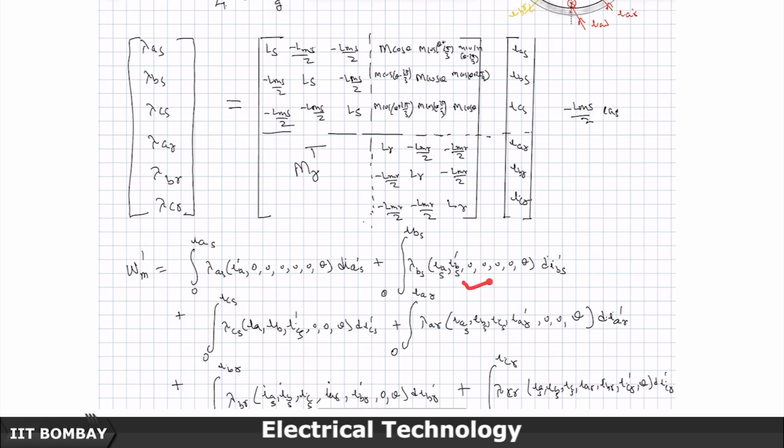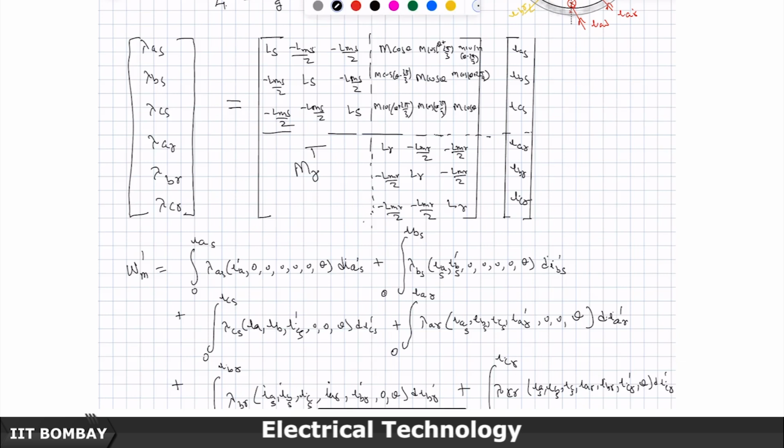When I am doing this, the A phase current is already fixed, so there is nothing to worry about there, and what changes is only the B phase current.